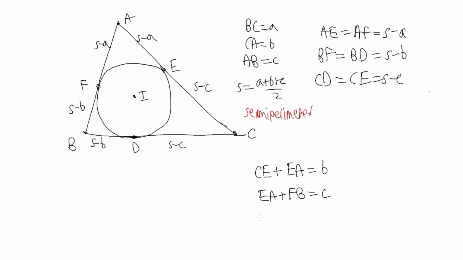And then BD plus DC, which is FB plus CE, is equal to a. Now, exploiting the symmetry, we can add them all together and divide by 2 to get that their sum is equal to s. And after subtracting each of these out, we can end up solving for these lengths here.